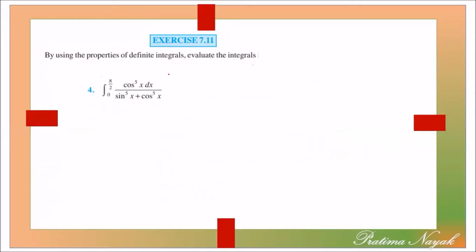Now I hope you can do these questions. Yes, applying property you will get this is equal to 0 to pi by 2, here sine to the power 5x, here it will be cos to the power 5x plus sine to the power 5x. Now add them.